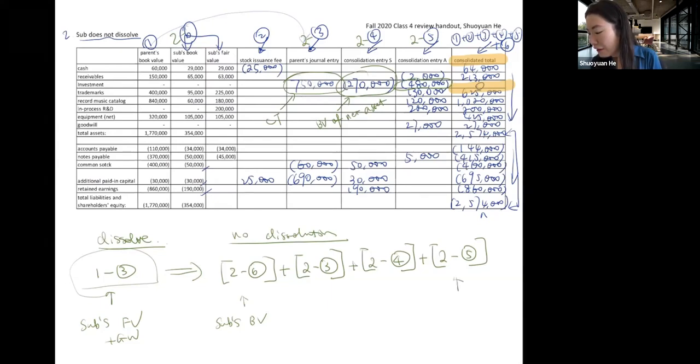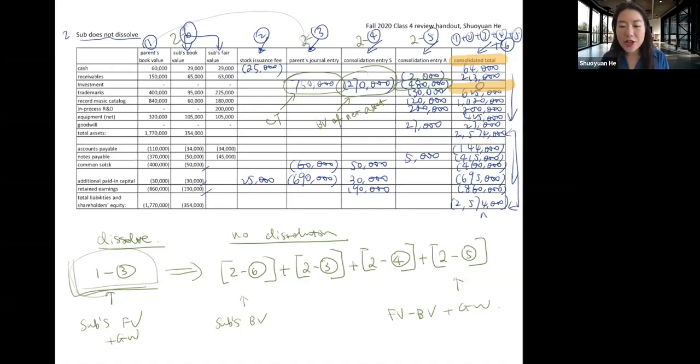And 2-5, recognize the difference between fair value and book value and record any goodwill. So basically 1-3 is broken down into the other 4 journal entries. That's why those 2 methods achieve the same ending result. They should always achieve the same ending result.